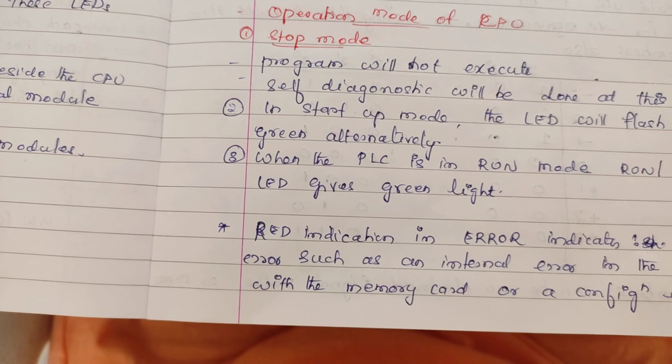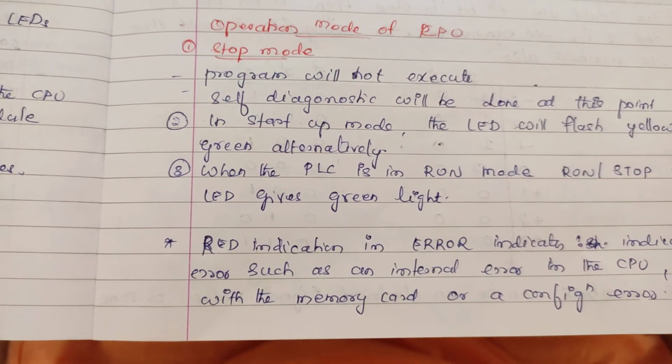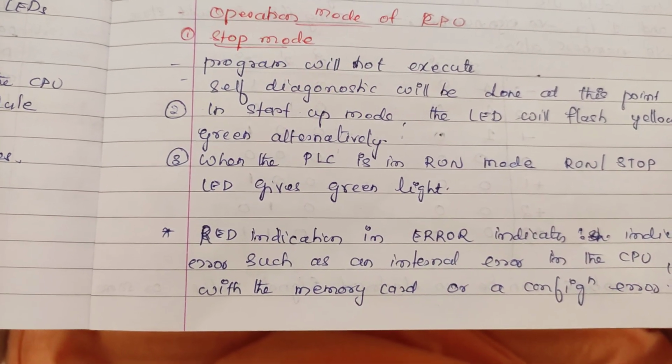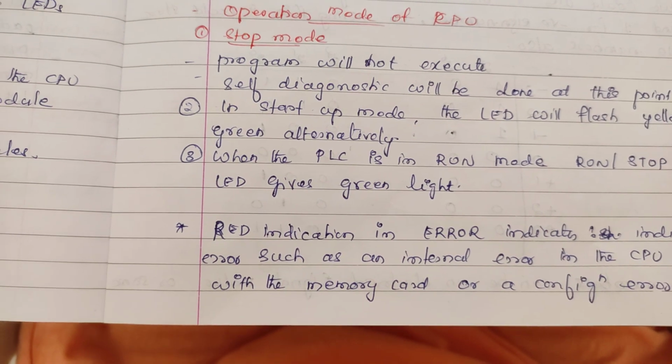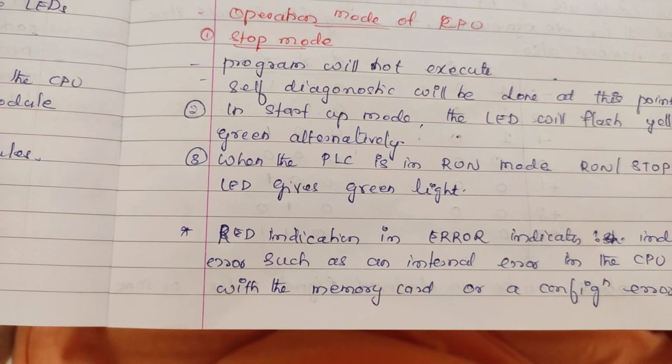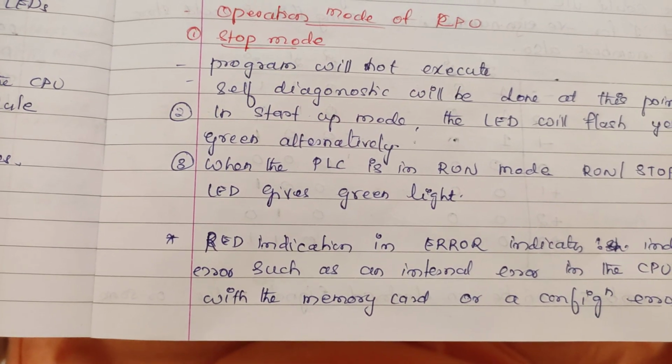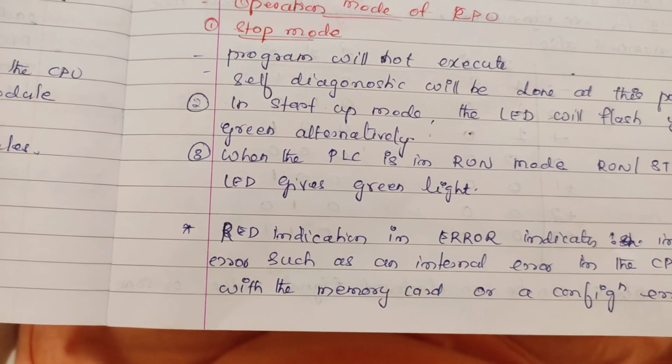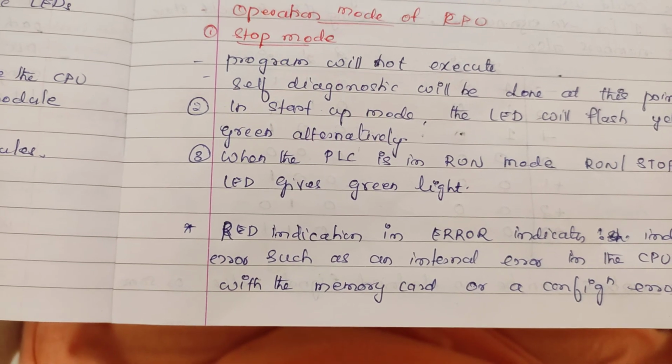The operating system calls an OB for specific events. That means whenever startup logic is to be executed, the processor will call these organizational blocks to execute that particular startup logic.